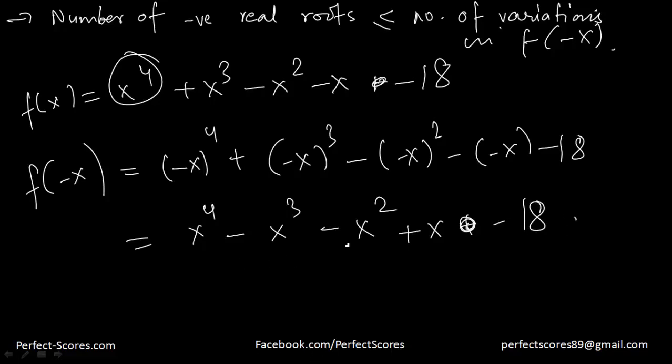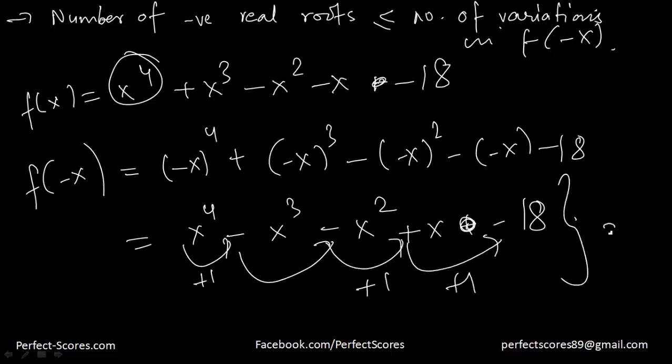Fine. So let's check the number of variations here. You have one variation here from positive to negative, no variation here, one variation here, and one variation here. So this has a total of three variations. So that means the number of negative real roots is a maximum possible 3.